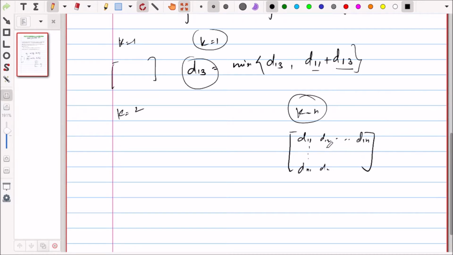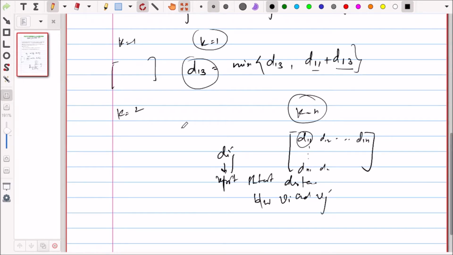In this matrix, each dij represents the shortest distance between vi and vj.